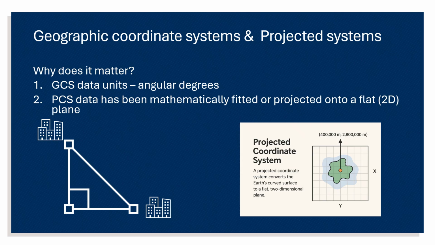And so geographic coordinate systems are just not useful for most all of the things that we want to know. Whereas projected coordinate systems, they've been mathematically fitted or projected onto a 2D plane, and so they measure very differently. They measure in actual numerical distances, like in meters or feet.